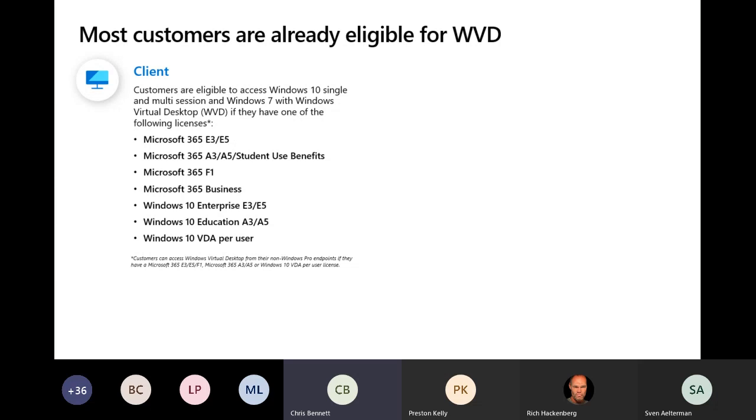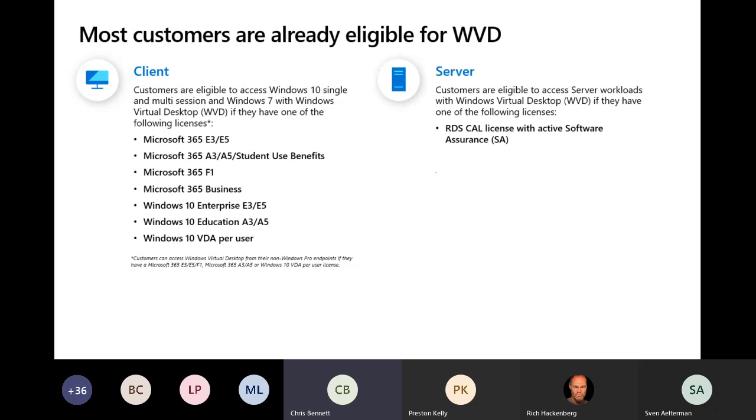So no additional licensing is needed for this, which is a differentiator between, again, the two tool sets that I just walked through. But it is also extended to student use benefit. So we do have the ability for students to use this very easily, which makes WVD deployment in education kind of a natural extension of the product.